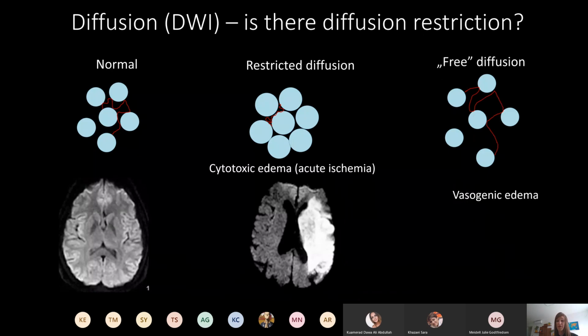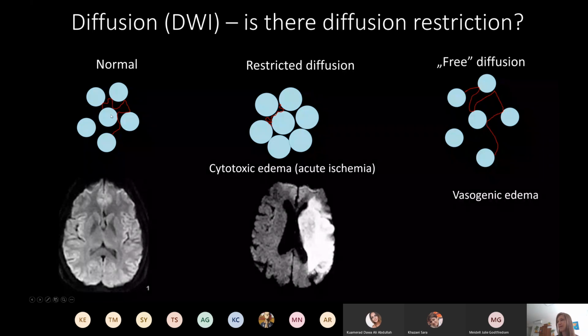Okay, so this is what you need to know about diffusion weighted imaging. We use it in stroke, and you need to know if there is diffusion restriction or not. Normally water molecules move between cells, and you can measure this diffusion with MRI. When there is cytotoxic edema, the cells are swollen and the water molecules have less space to move, and we call this restricted diffusion.